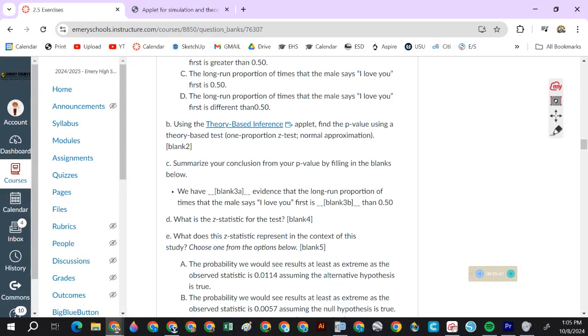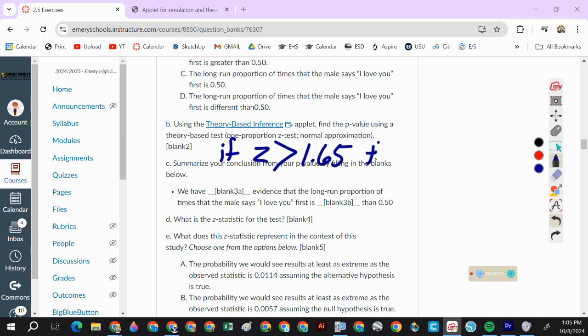Okay, so this says find the p-value. We haven't been using p-value, we've just been using the z-score. If the z-score is 2.5, are we going to accept or reject? We're going to reject. And what they're asking is, if z is greater than, where did we draw the line for a one-tailed test? 1.65.